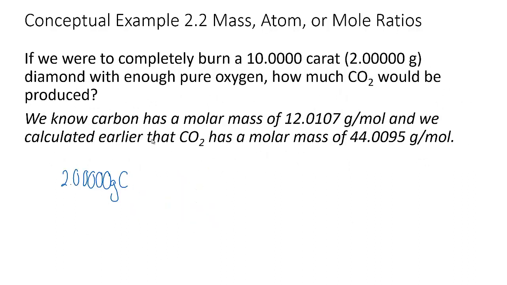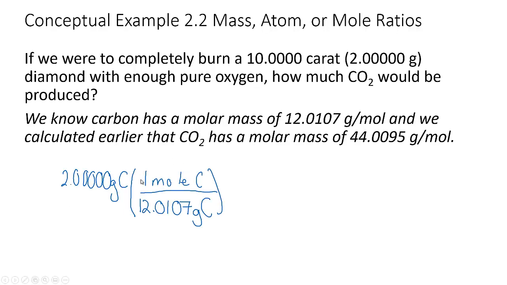Now we need to convert grams of carbon to moles of carbon. And to do that, you use the molar mass, which is shown here, as a conversion factor. So in that case, the mass of 1 mole, so this 12.0107 can be found on the periodic table, and that's grams of carbon, and that number goes on the bottom because grams of carbon is on the top. And then 1 mole of carbon, that's where the bottom part is.